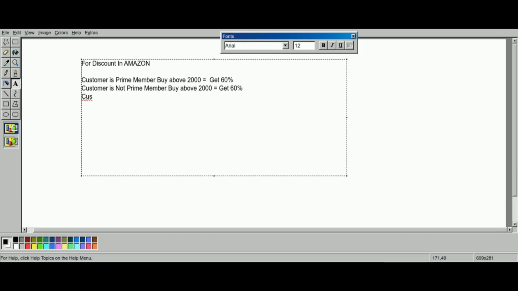Customer is a prime member and buys above 1000, gets, sorry, this will be 60%, not 50%, this will be 40%.